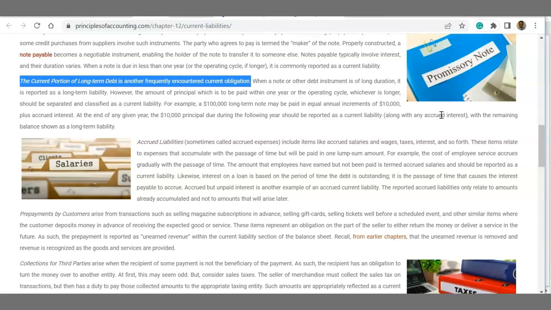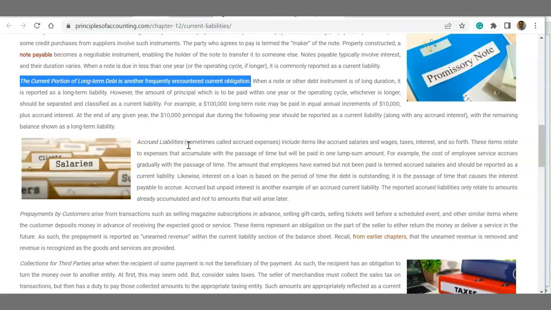So any accrued interest plus the portion of the principal that needs to be paid within the next year has to be in the current section of liabilities. The remaining $90,000, in this example, will be shown in the long-term liability section of the balance sheet.